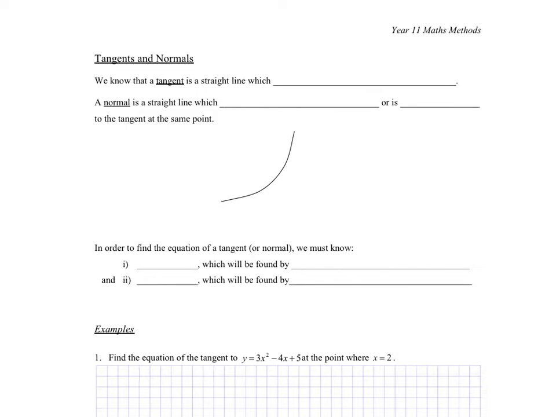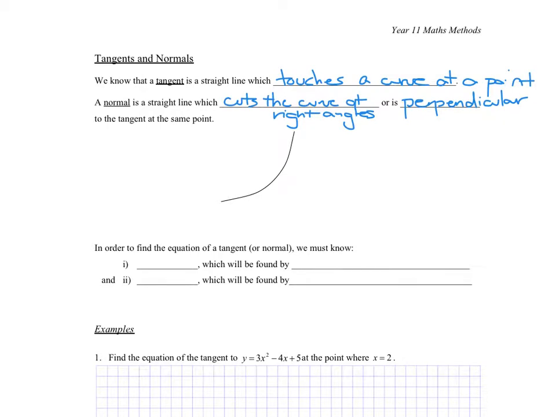So we know that a tangent is a straight line which touches a curve at a point. That's the fundamental definition of a tangent. Now a normal though is a straight line which cuts the curve at right angles. Another way we can say that is that it's perpendicular to the tangent at some point.